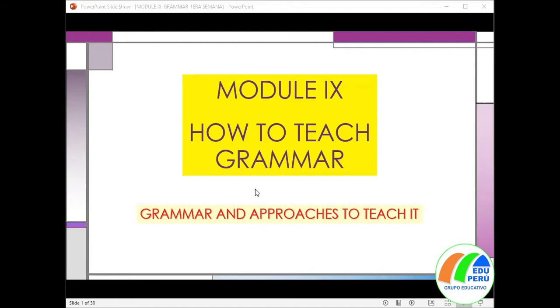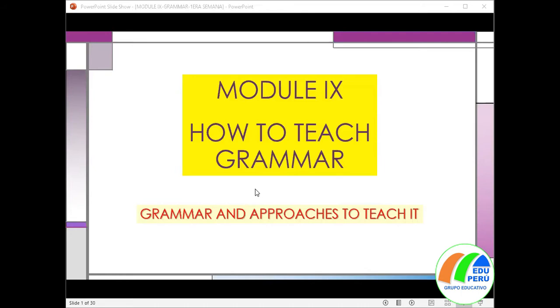The module is focused on two aspects. Remember that we started talking about all the linguistic aspects of a language: phonetics, phonology, morphology, syntax. These are the four major branches of linguistics, because there are more, but these are the major ones.